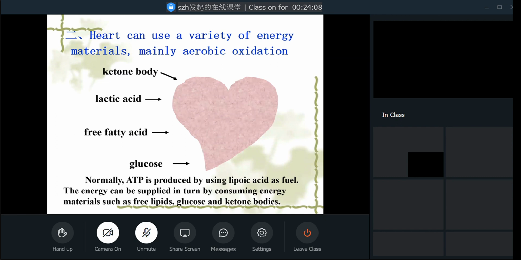ATP is produced by using lactic acid as a fuel. The energy can be supplied in turn by the consumed energy materials, such as free lipids, glucose, and ketone bodies.